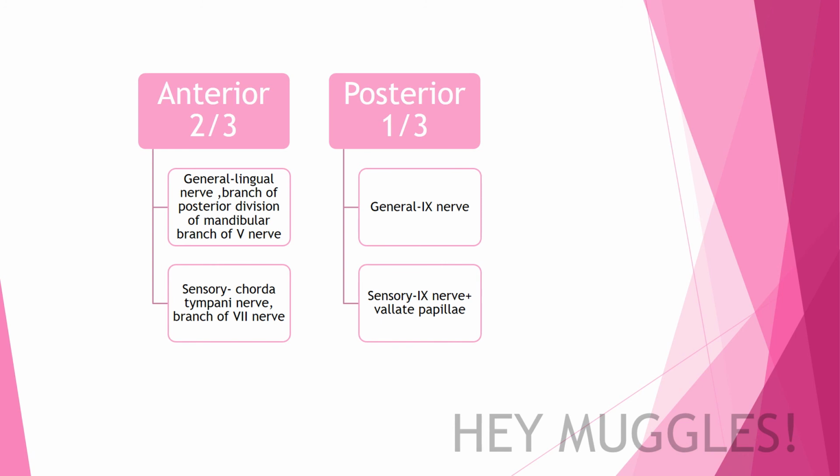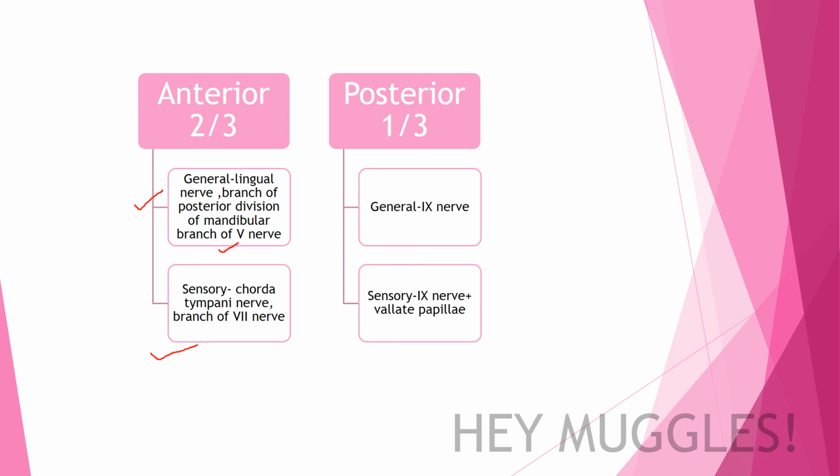Okay, so the taste to the anterior two-third of the tongue is carried by the chorda tympani nerve, which is a branch of your seventh nerve. The seventh nerve is your facial nerve, right? General sensation to the anterior two-third is carried by a branch of the posterior division of the mandibular branch of your fifth cranial nerve, that is the trigeminal nerve, right?